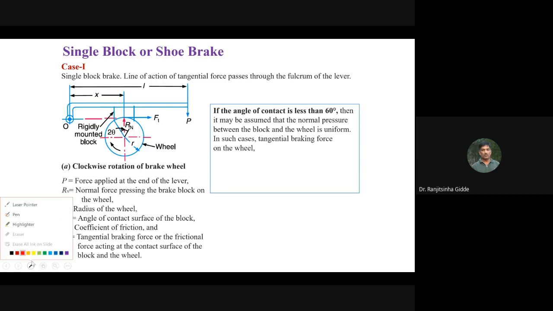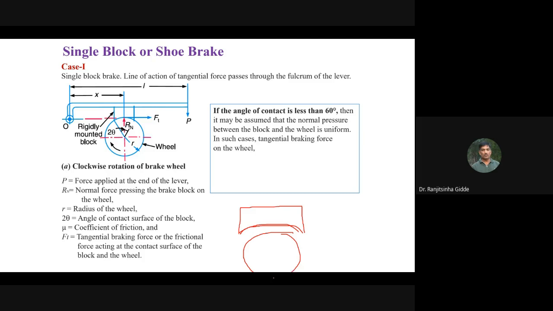So this angle, suppose this one is the block, and this is the structure for the block, and here there is a rotating wheel. This angle is nothing but 2 theta. So this is the angle of the contact surface of the block. Mu is the coefficient of friction.